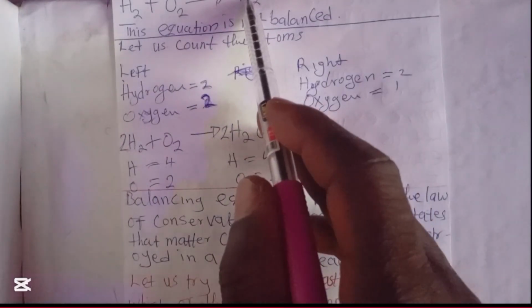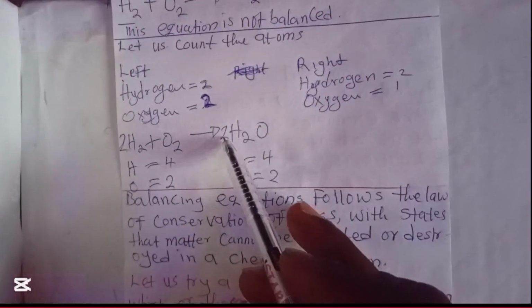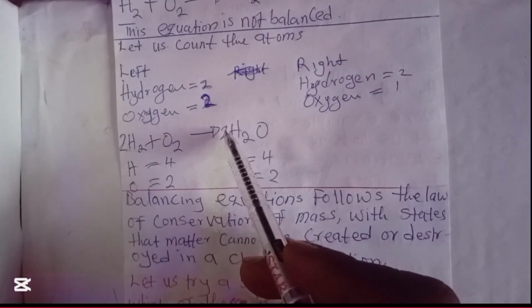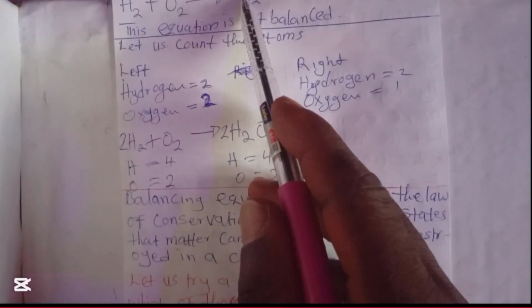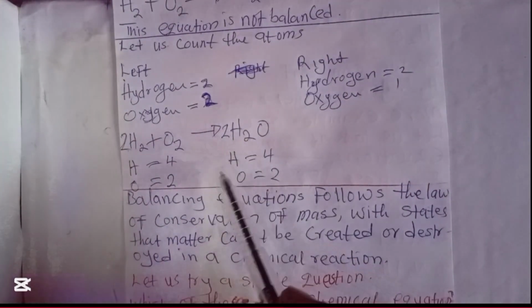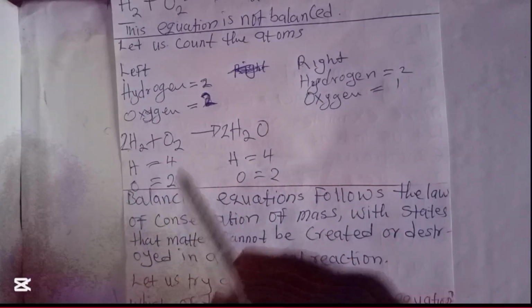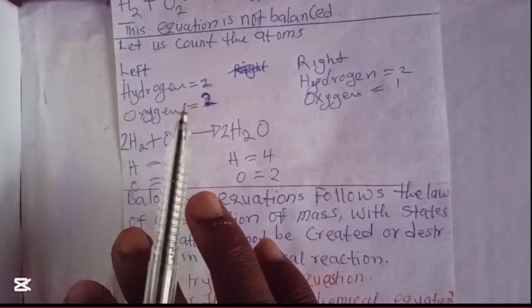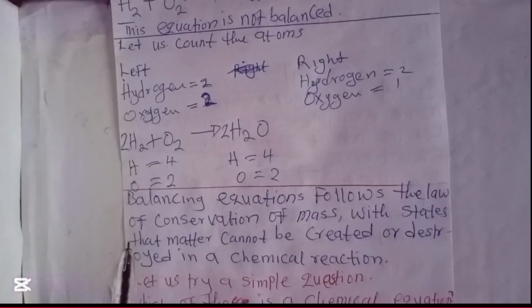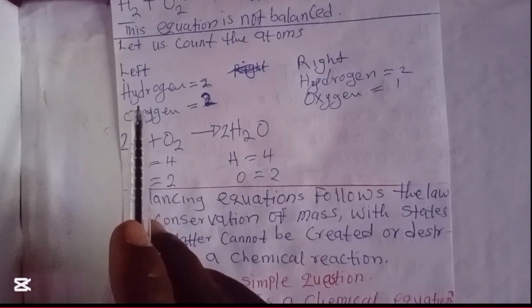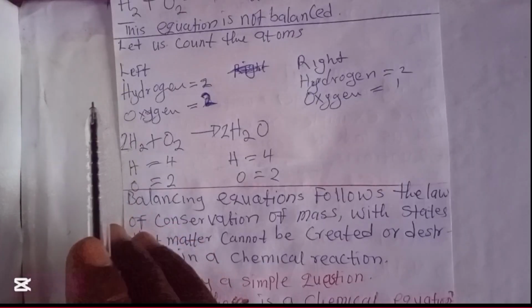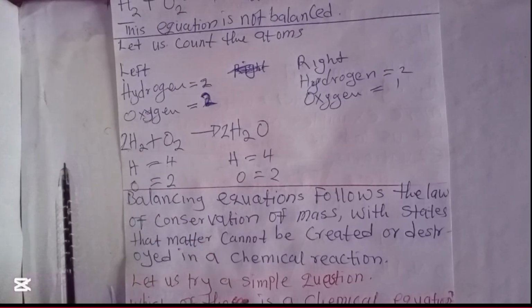Now we add 2 on our right hand side too. So when we add 2 on our right hand side, hydrogen becomes 4 while oxygen becomes 2. Now this means that our equation has balanced. The equation is balanced because all the numbers on the two sides are equal.